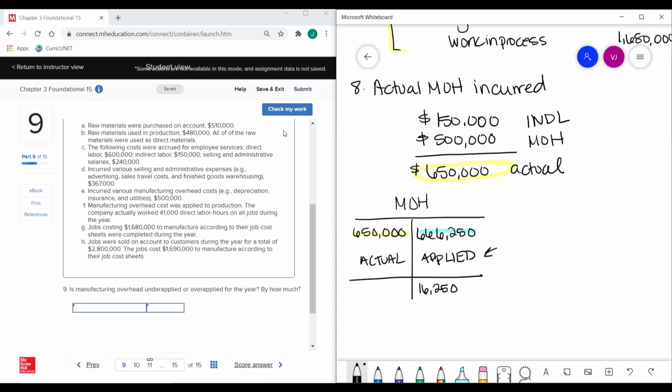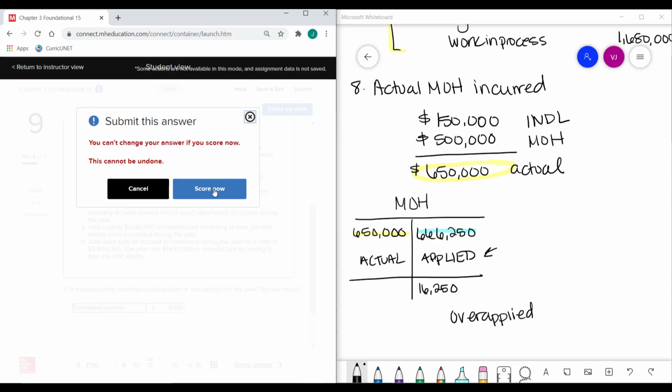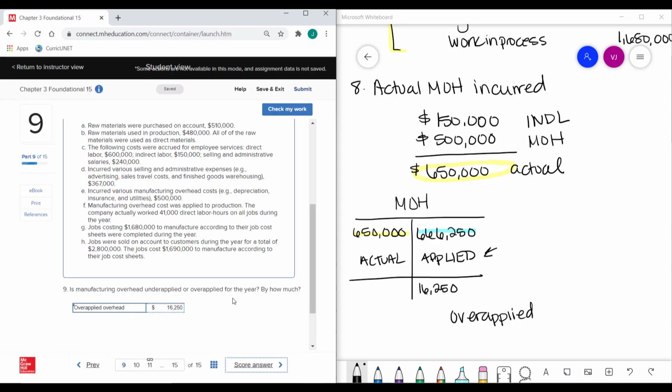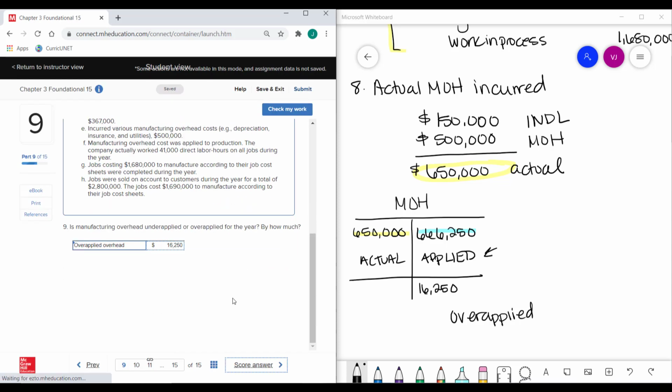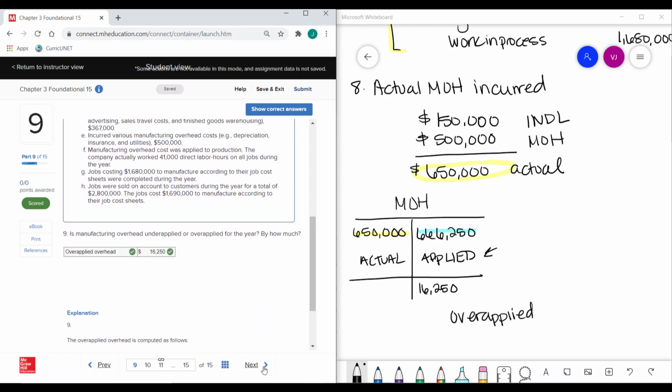So we actually ended up being over applied in the amount of $16,250. We applied $666,250 based on that rate, so we overshot it just a little bit because we actually only ended up incurring $650,000 of overhead. So we are over applied. Score it. There we go. Looks good.